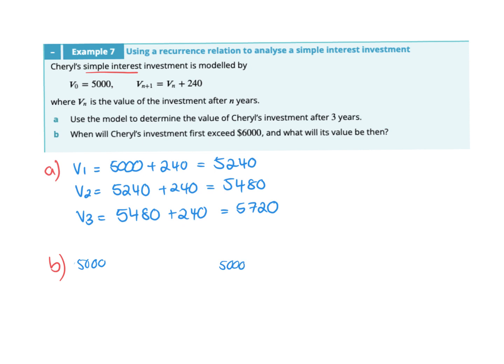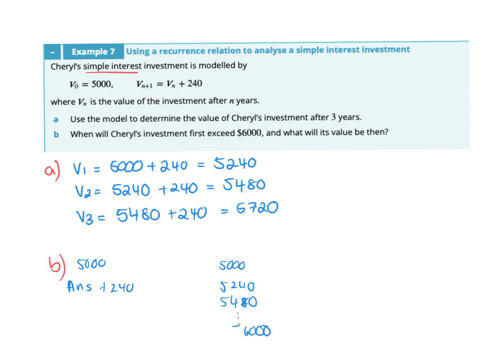And then if you press the plus, you should see answer plus 240. And then you're going to keep on pressing enter and you'll keep getting that. And then that's 480. You keep going until you see 6,000.